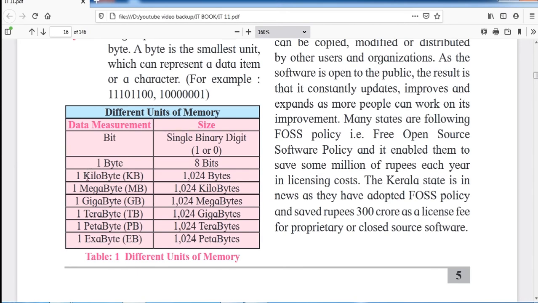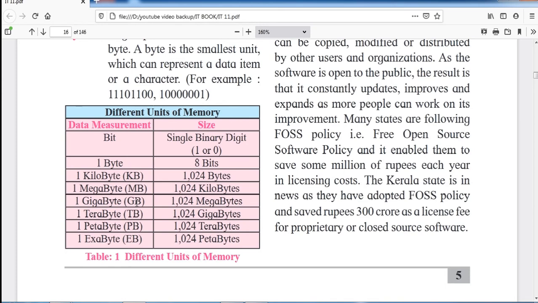Likewise, 1024 bytes come together to become 1 kilobyte, and 1024 kilobytes become 1 megabyte. 1024 megabytes become 1 gigabyte, that is GB. You all know these things: KB, MB, GB.